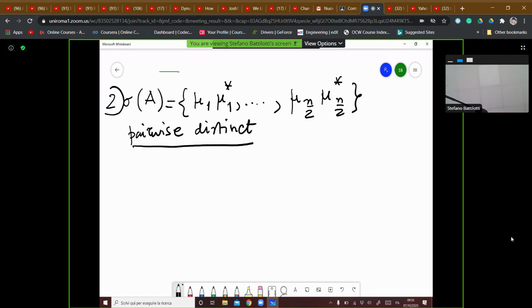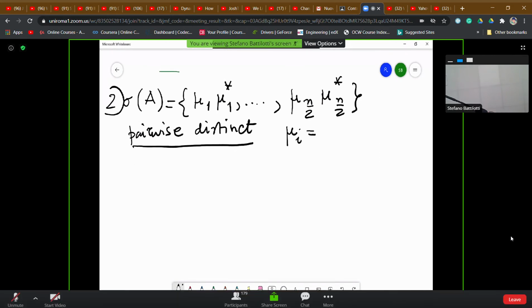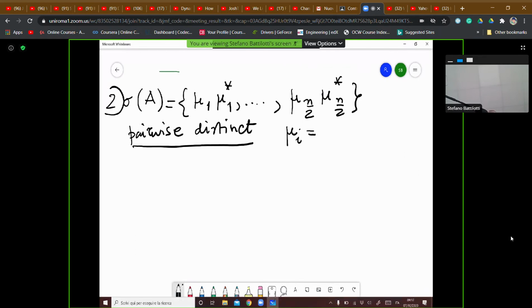Moreover, we will also have a general representation of these numbers. These are complex numbers mu i, not simply real. So, a more general complex number mu i with its conjugate mu i star, and we represent this complex number with its real and imaginary part representation.